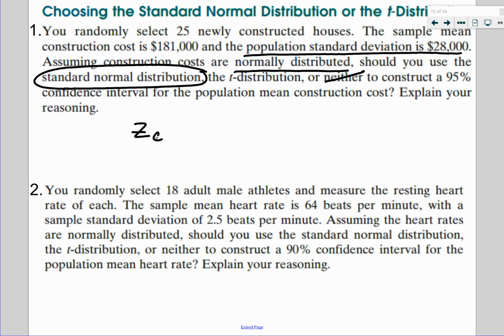Is one of those two conditions met? Which one? Again, it says it was normally distributed here. Do I know the population standard deviation? I do not, but I know the sample standard deviation. So if I know the sample standard deviation, which distribution am I using? T distribution. So you would find degrees of freedom, find your critical value from the T distribution, and use that to get your margin of error.